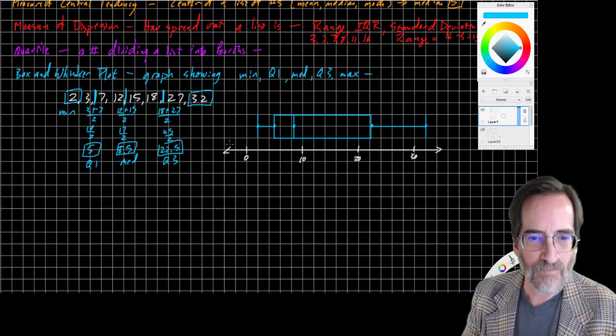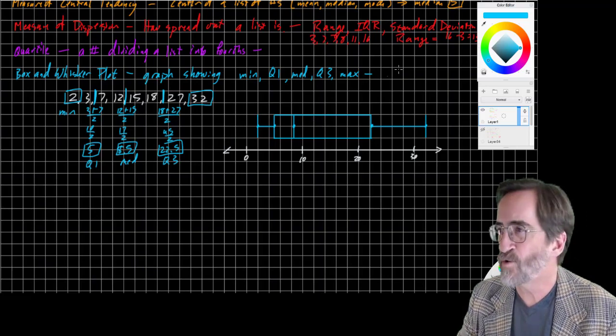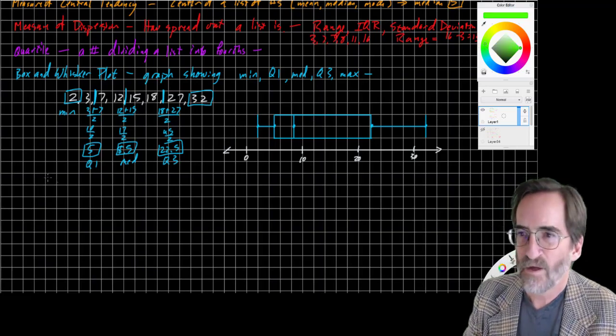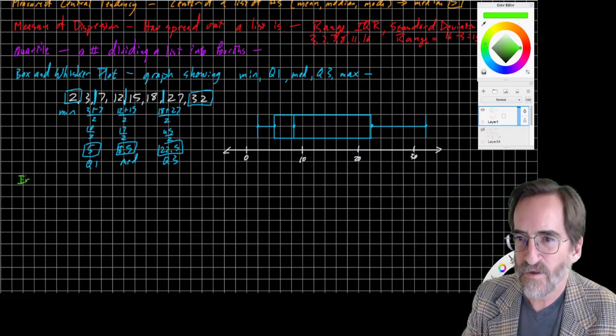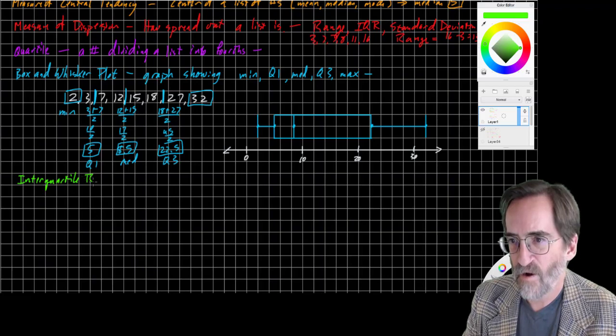All right. Percentile and percentile ranks. Oh, interquartile range. Interquartile range, sometimes called the IQR.